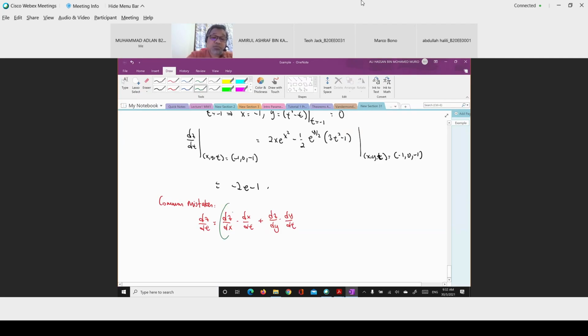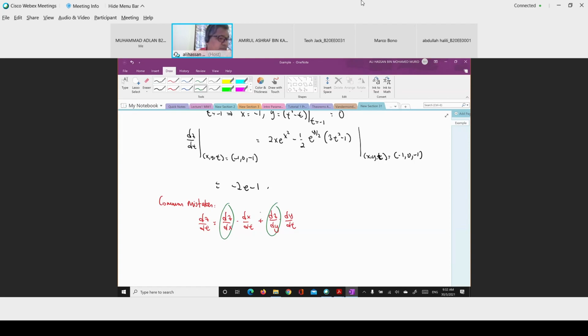Instead of writing partial z partial x using the curly d symbol, they write dz/dx using the straight d symbol. Similarly, instead of partial z partial y, some students write dz/dy using straight d.